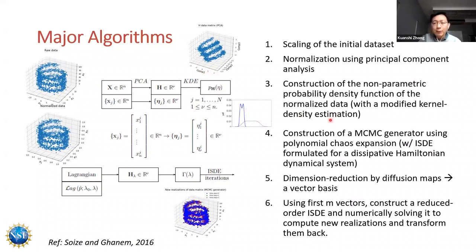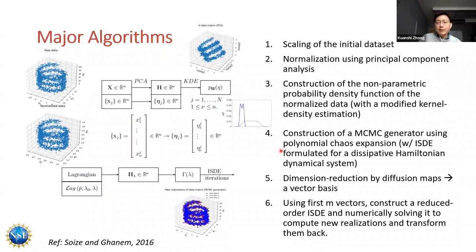After that, we construct a Markov chain Monte Carlo generator using the polynomial chaos expansion, with the help of the Ito stochastic differential equation formulated for a dissipative Hamiltonian dynamical system, which is mounted on this nonparametric estimate of the probability distribution.